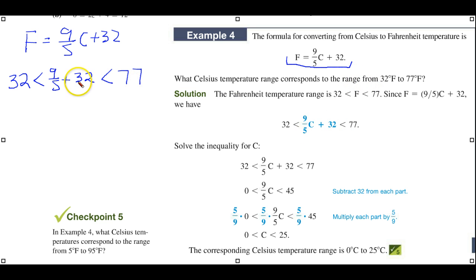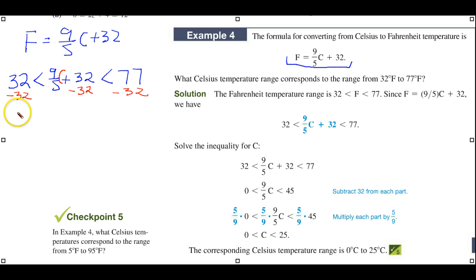And again, you want to isolate the Celsius by isolating it, and we're going to subtract 32 here, subtract 32 there, and subtract 32 there.